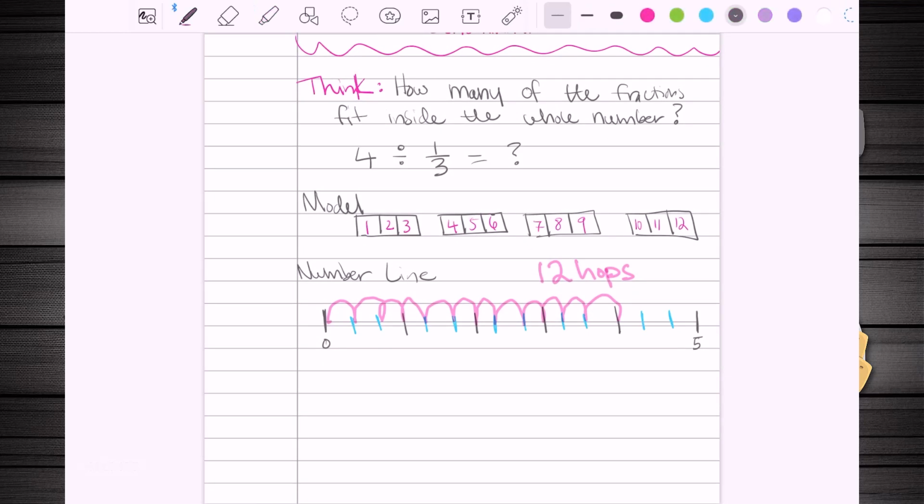For the standard algorithm, we have a little memory trick, and I will explain in just a second. But off to the side, I would like you to write the words keep, change, flip.